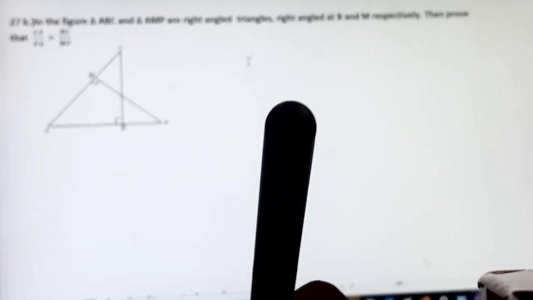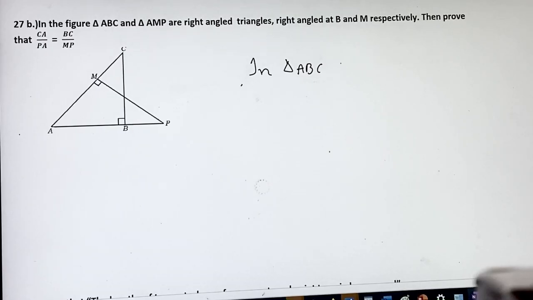So how do we start? In triangle ABC and triangle AMP, we have two triangles here.